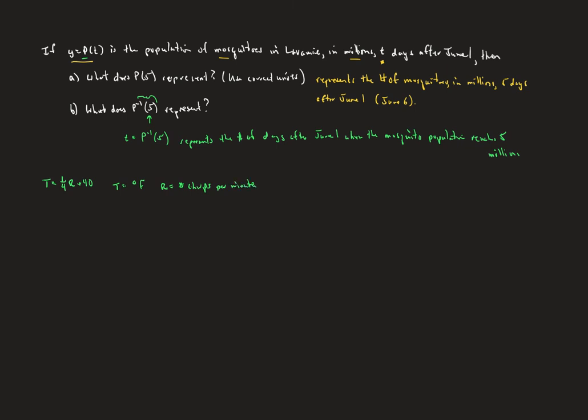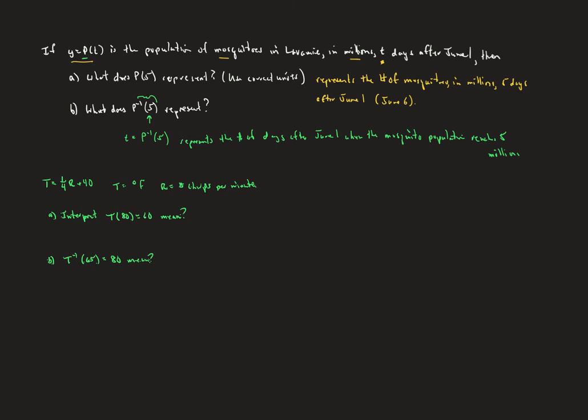So can you interpret what T of 80 equal to 60 mean? And then I'm going to ask you also to interpret what does T inverse of 65 equal to 80 represent? And we're going to use units when we talk about this.